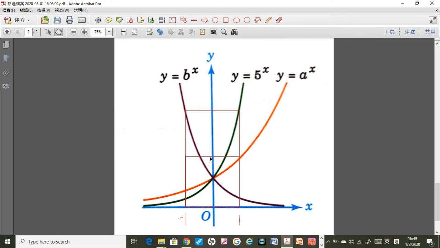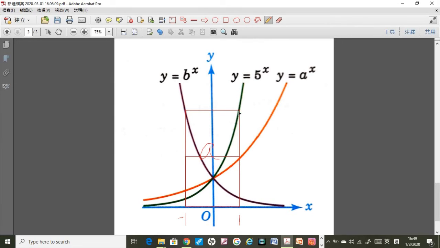According to this one, what is the value of this one? You can see when you put x equal to 1 in this graph, it is a to the power 1. So this value is a.